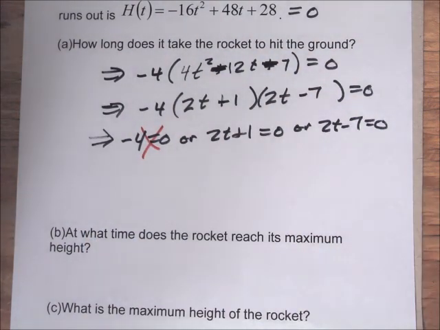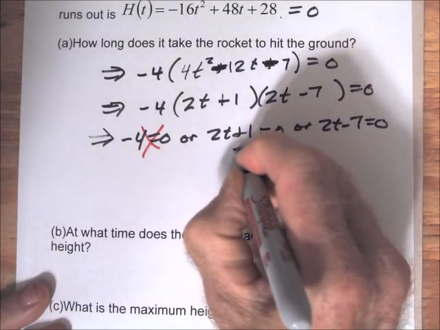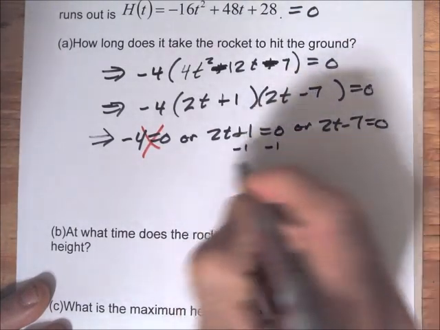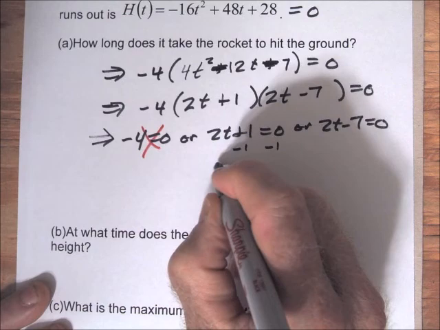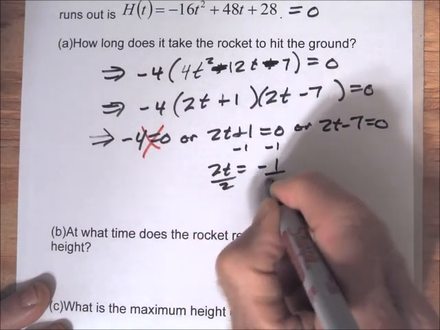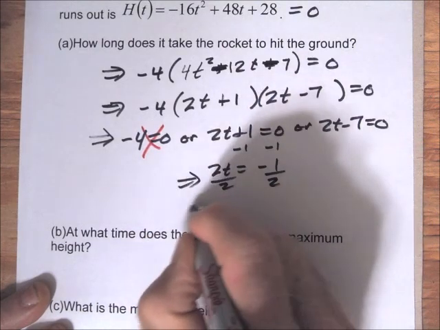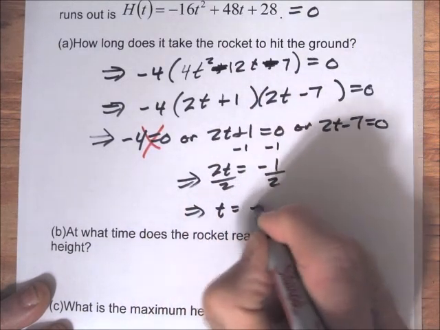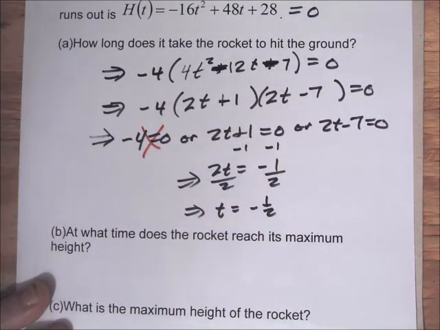And if we solve the other ones for t, subtract 1 from both sides, we have 2t equals -1, and then divide by 2, we get t equals -1/2, so that's going back in time.